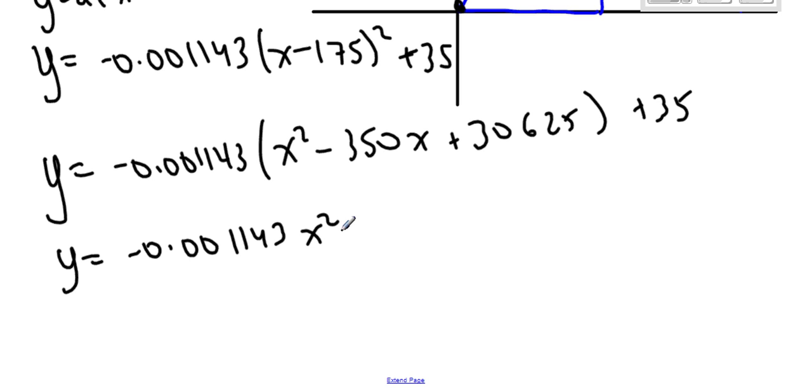So 350 times our a value is pretty close to 4, so let's call it 4. So plus 4x, and then 30,625 times our a value is basically 35.